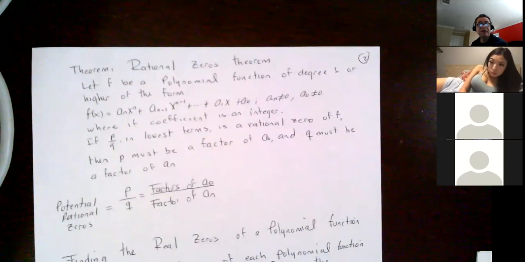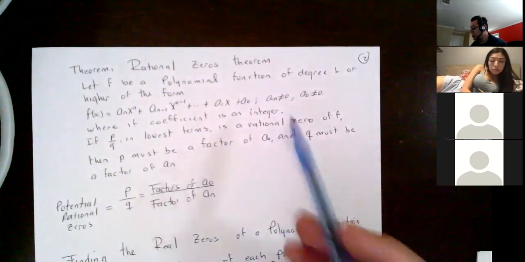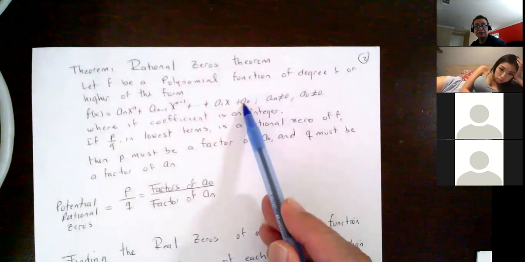It says if p divided by q in lowest terms is a rational zero of f, then p must be a factor of a sub 0. Remember, a sub 0 is a constant.